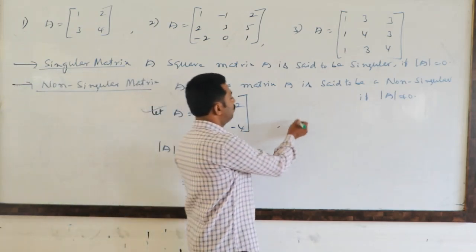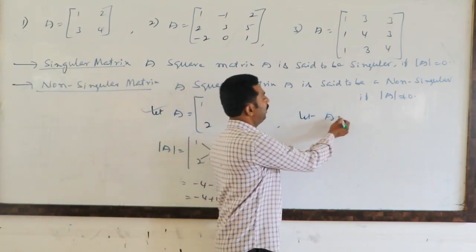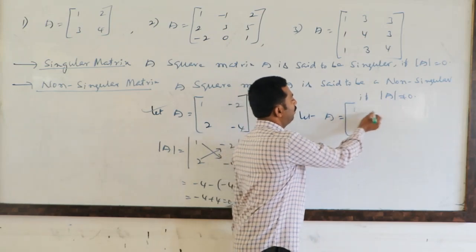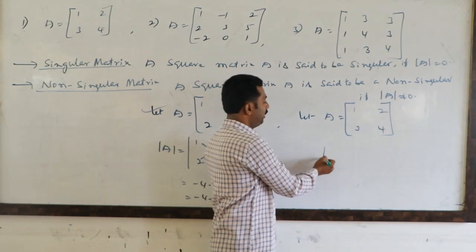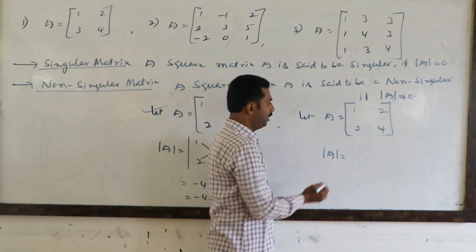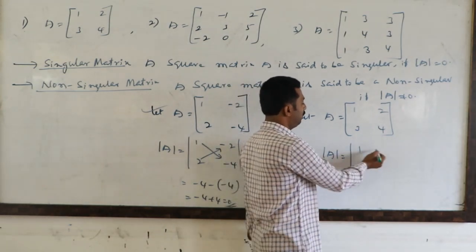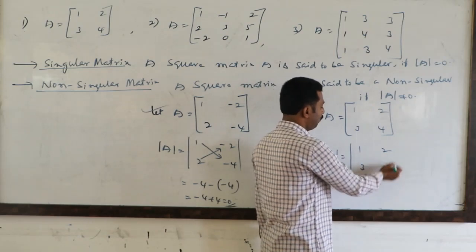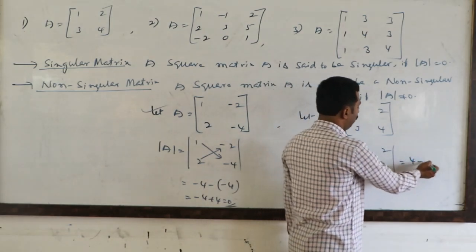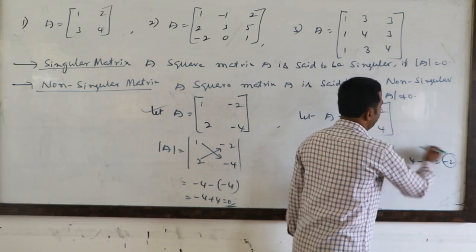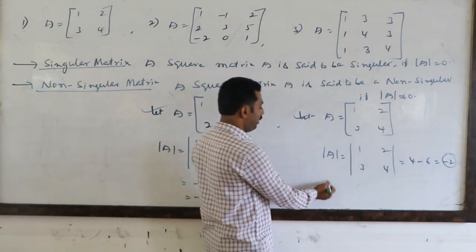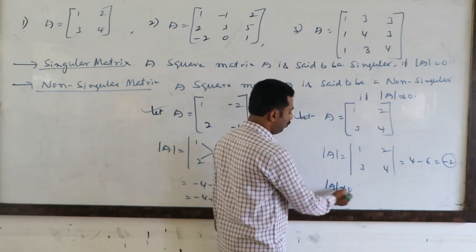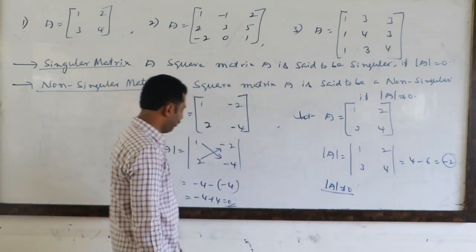Non-singular matrix means you can take, let A equal to 1 2 3 4. So what is the determinant of A? Nothing but the determinant of 1 2 3 4, nothing but 4 minus 6, which is minus 2. So the determinant is not equal to 0, which means capital A is a non-singular matrix.